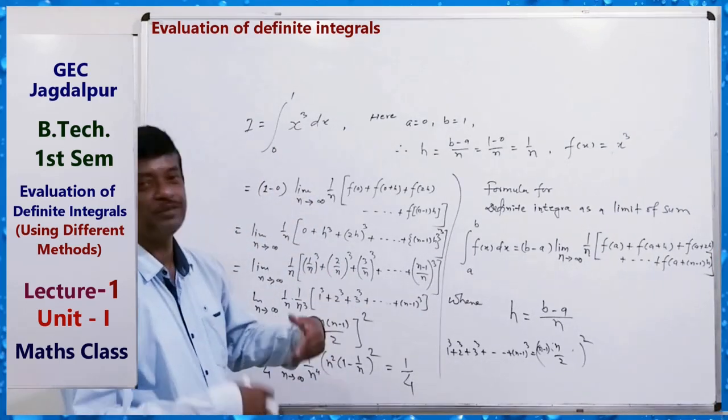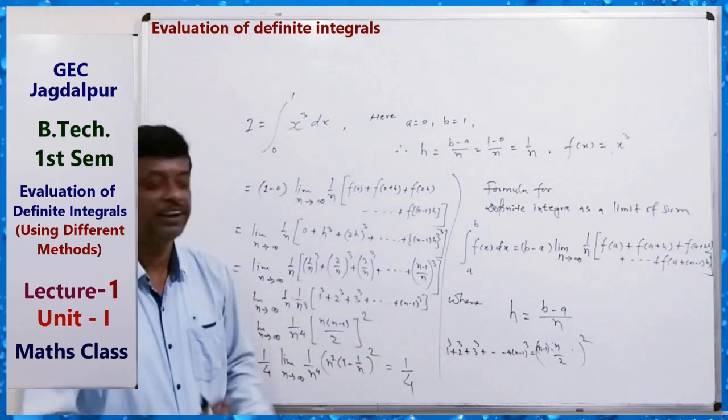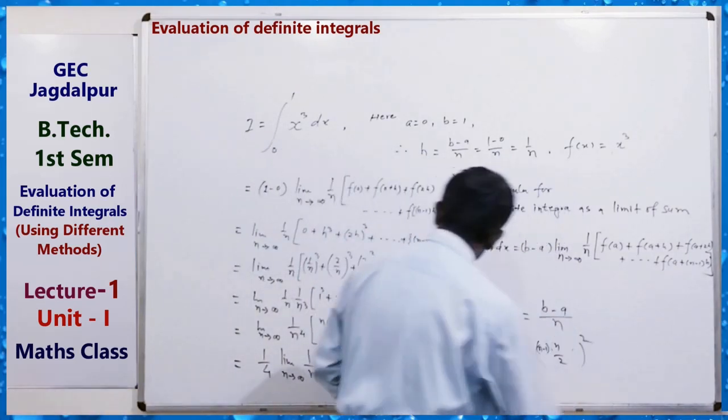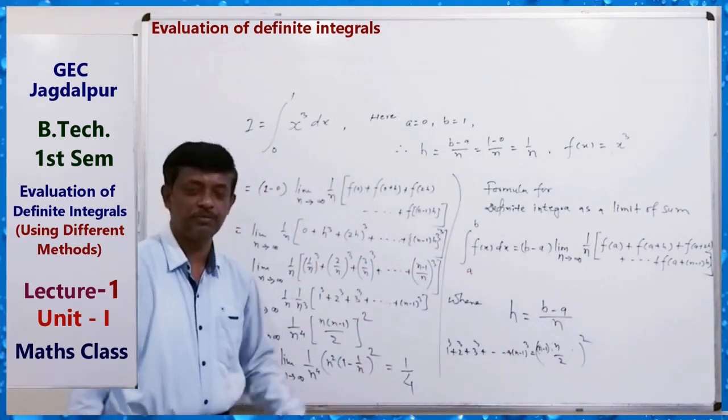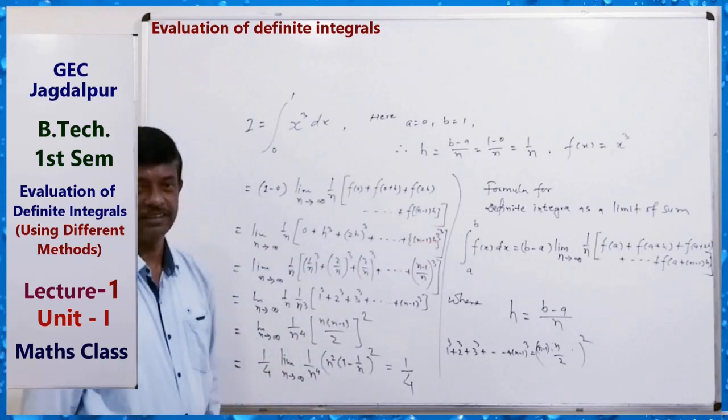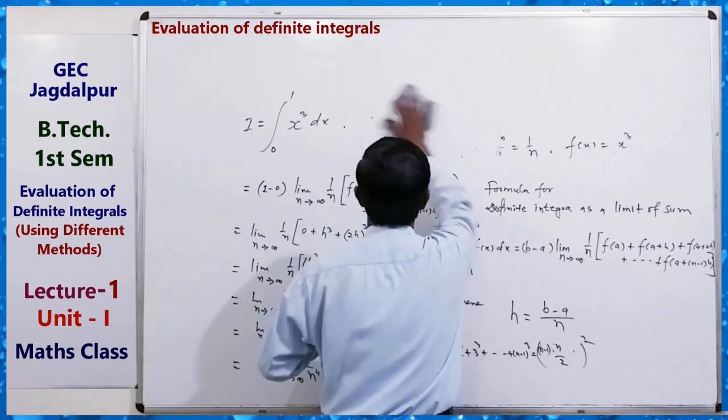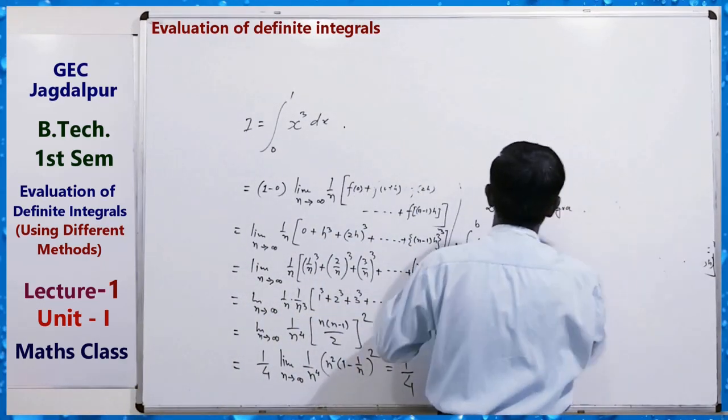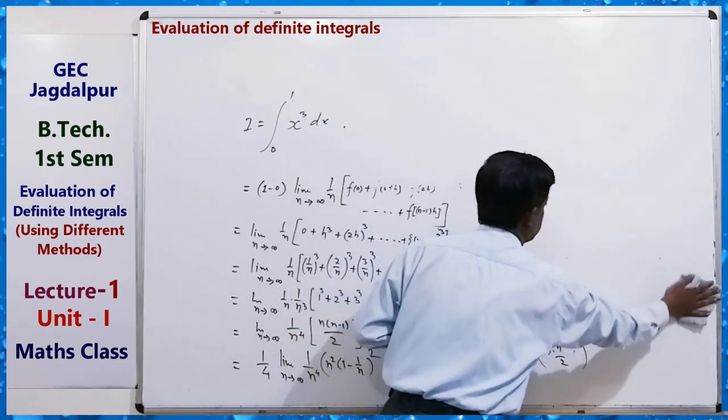That's why we use another method, the fundamental theorem. What is the fundamental theorem? Its answer is 1 by 4 by using this method. Just see another method. You know the second fundamental theorem.